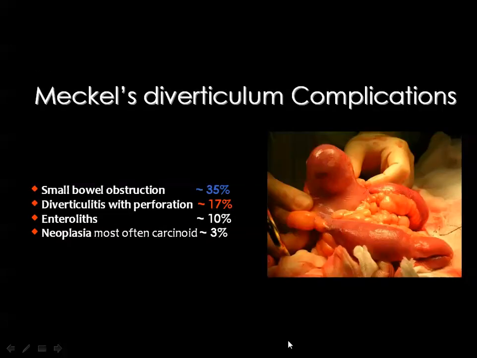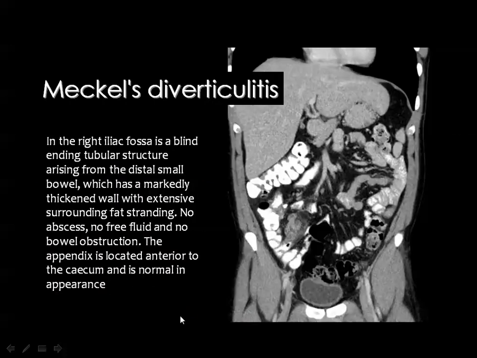Then the Meckel's diverticulum, other complications apart from hemorrhage, it may result in a small bowel obstruction, it may be inflamed and perforated, and it may contain an enterolith or a calcified lesion, or may develop a neoplasm like the carcinoid tumor.